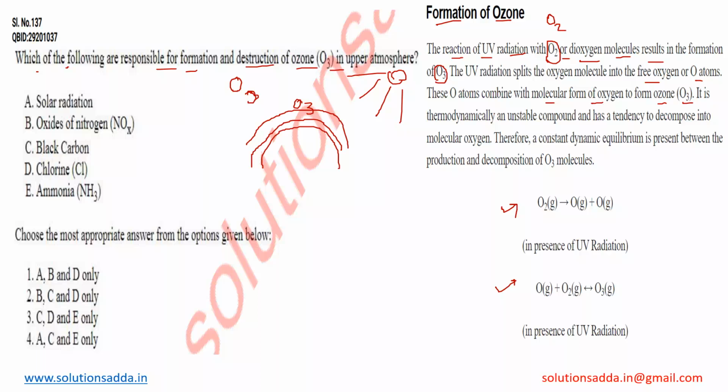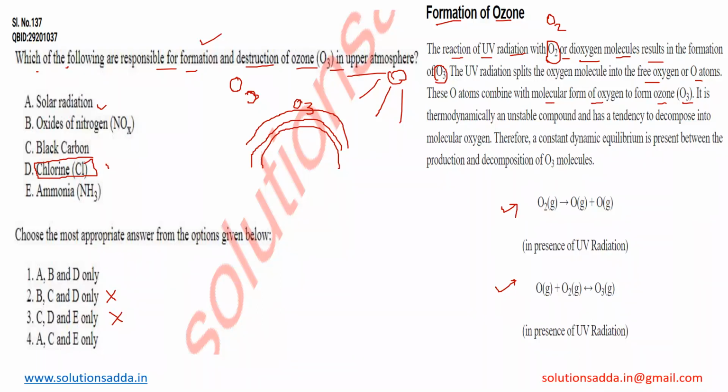So option A is very right, that solar radiation is used for the formation of O3. So the option in which A is contained, we can take that, otherwise eliminate the rest of the options. So options B and C we can directly eliminate because solar radiation is not there. Now we know that chlorine is one of the major components on the basis of which O3 can be destroyed.